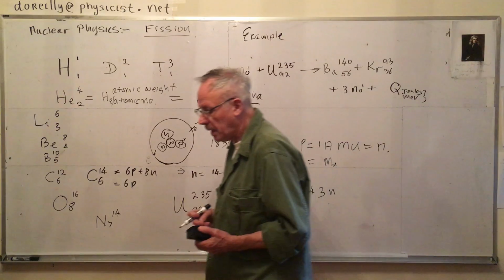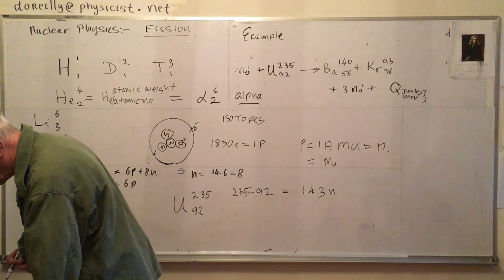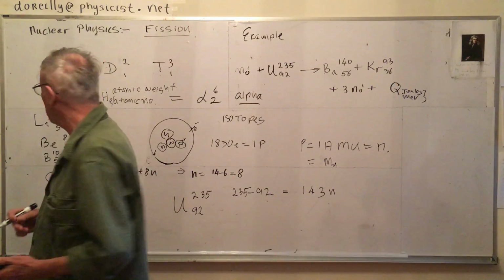Let's do now something else. We'll do the electron volt. Now we'll do the mass of the proton and the neutron.